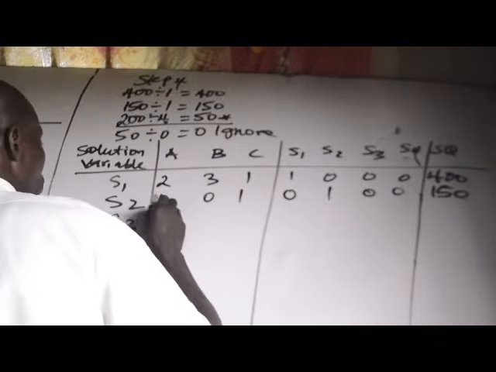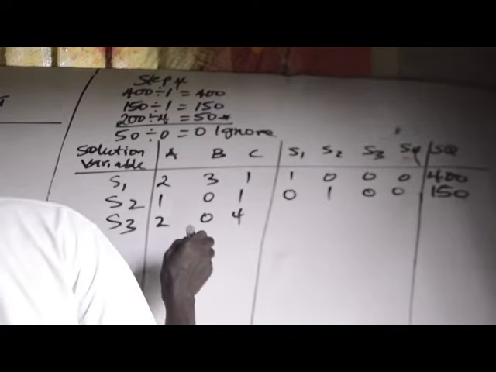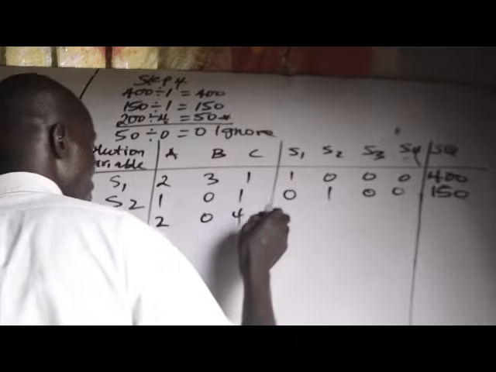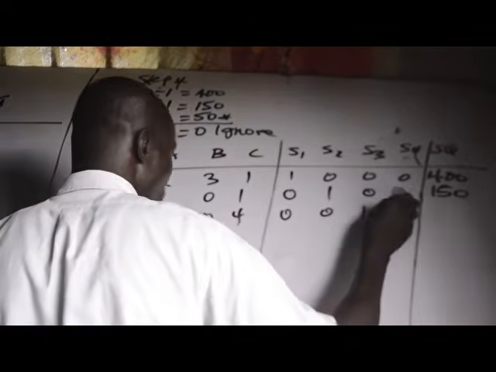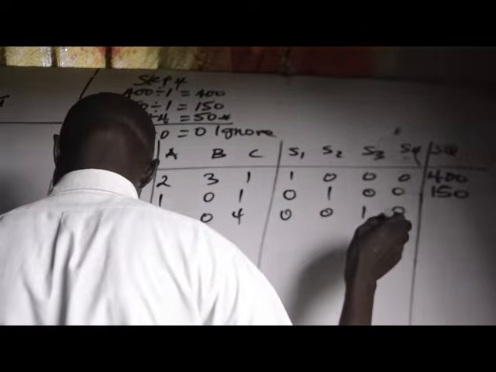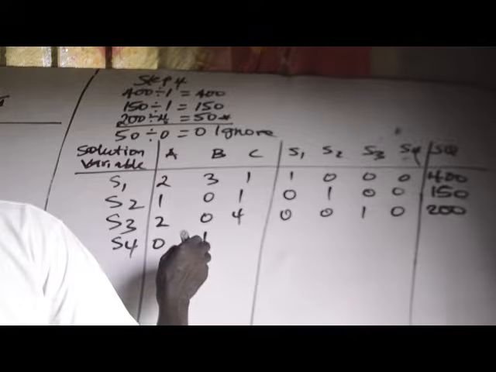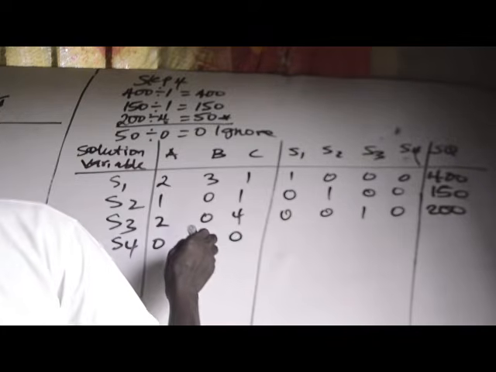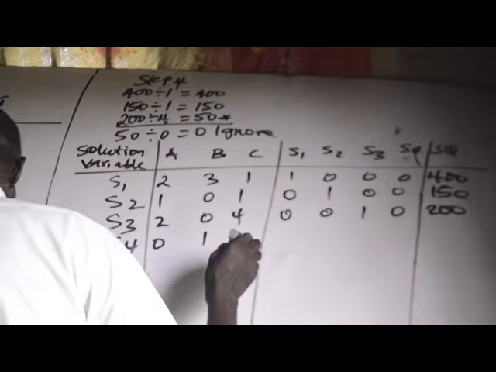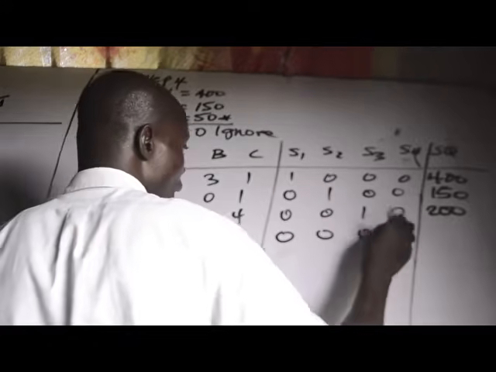Then S3 we have 2, 0, 4, 0, 0, 1, 0, and that is equal to 200. Then we also have S4, which is 0, 1, 0, 0, 0, 0, 1.